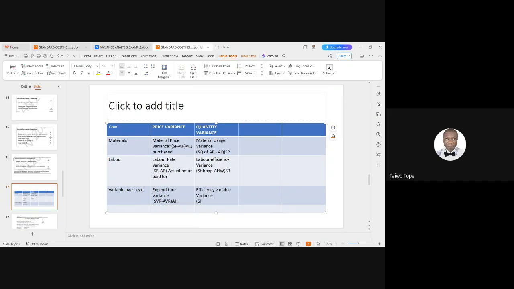We said standard hour will always be flexed: standard hour based on actual production, minus actual hours worked, multiplied by the standard rate. Same, but what you are looking at here is the variable overhead component in that question.